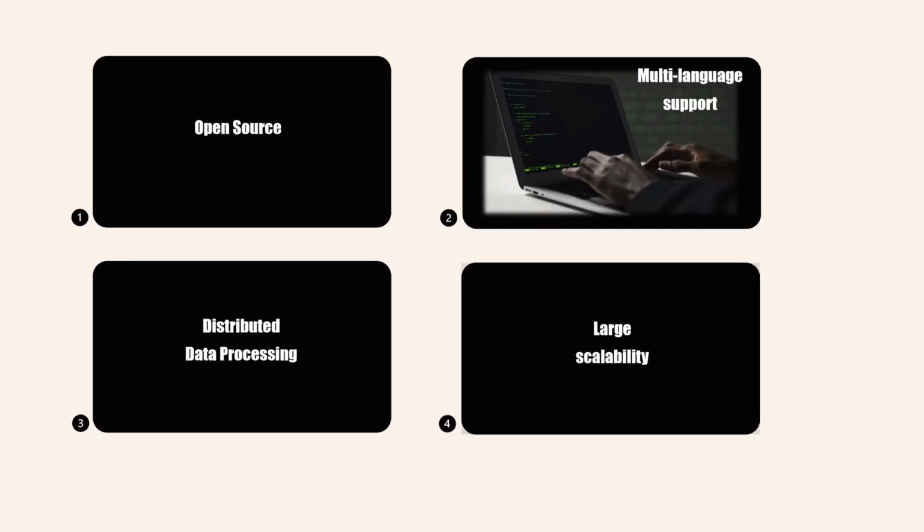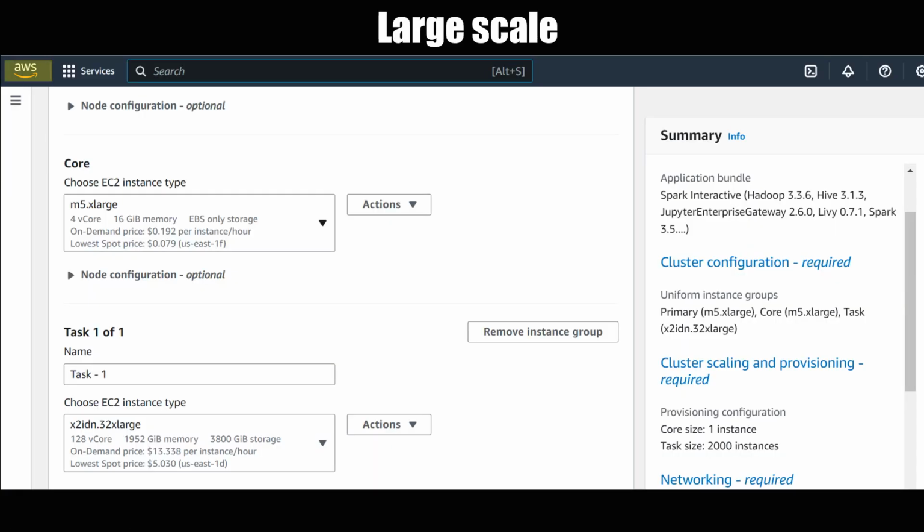Spark has large scalability. An idea about its scalability can be derived from the fact that within AWS, you can create an EMR cluster with Spark installed on it, and you can keep a 2000 instance cluster, each with close to 2 terabytes of memory. Can you imagine almost 2 terabytes of memory with 2000 instances?